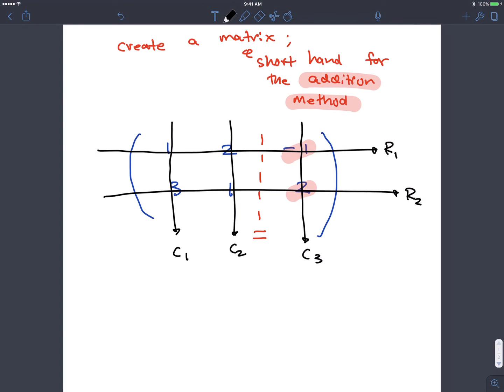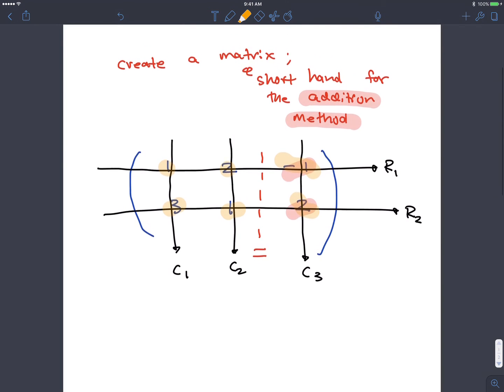And every value that we see, the 1, the 2, the -1, the 3, the 1, and this 2, every one of these values are called entries. So we got a first row, we got a second row, we got a first column, second column, third column, and all the values are called entries of our matrix. So, okay, we have some language to work with here.